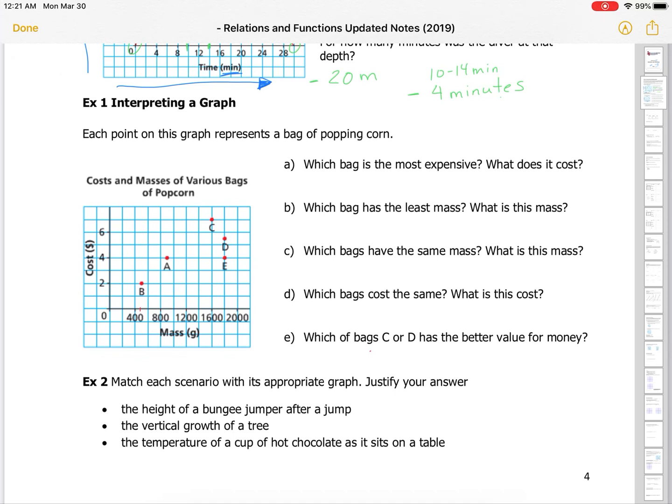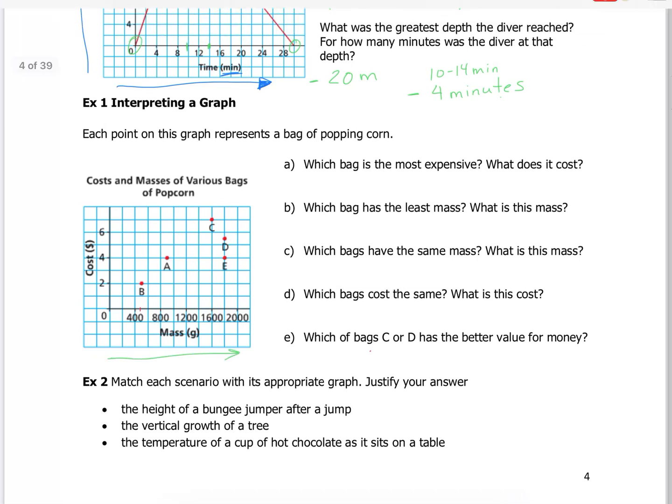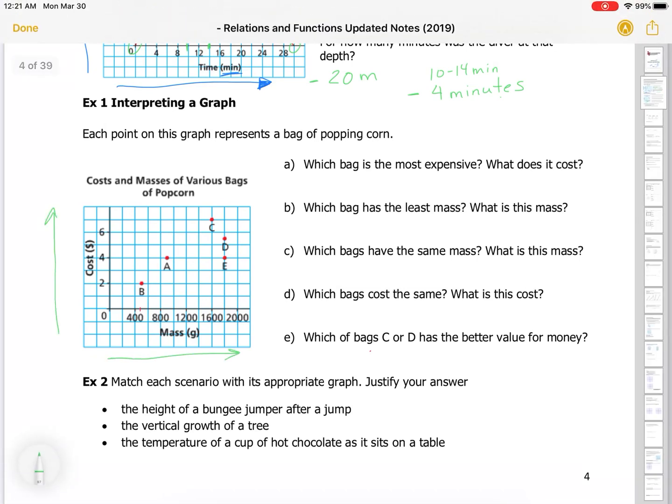Now the second one, we're looking at interpreting a graph that shows the costs and masses of various bags of popcorn. On these axes, we have our mass in grams versus our cost in dollars. Again, take a look at what the axes are, because they tell us what we're graphing. This should also be information provided in the title.